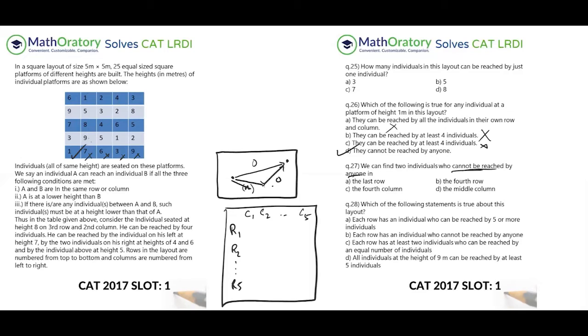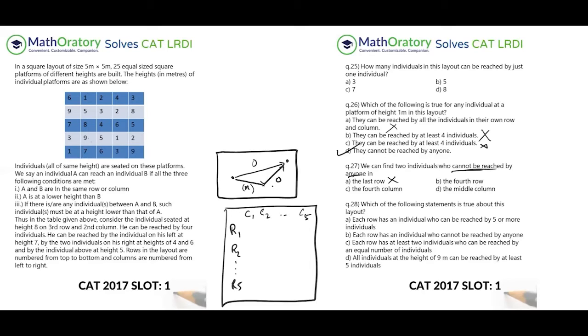Otherwise, we have to think about this third condition. But at least somebody is adjacent to 9, there will be somebody adjacent to everybody, right? Only if there are two nines together, and that is not there in any of the layouts. So 9 can be reached by everybody. So last row is not the answer. We need two individuals, and we just have one tick. So let me take this off. So last row is incorrect.